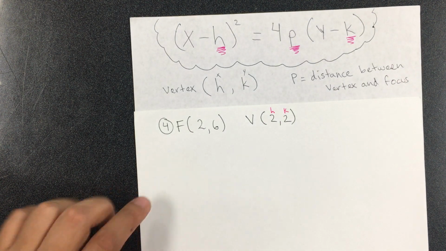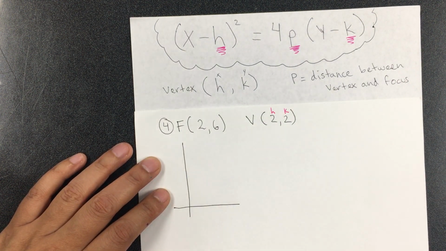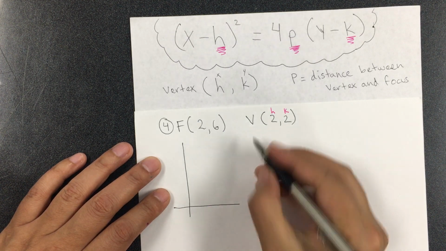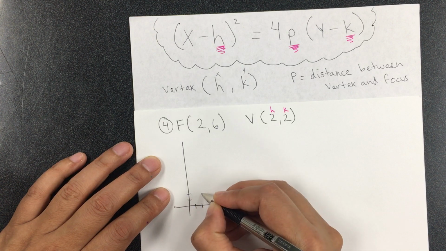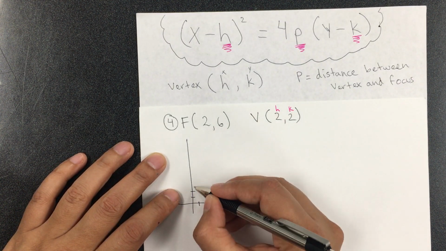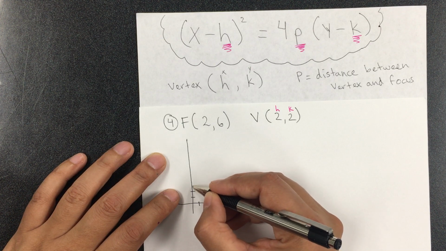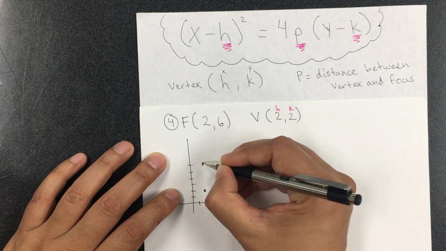We need to figure out p, the distance between the vertex and the focus. The vertex is at (2, 2), and the focus is at (2, 6), so 2, 3, 4, 5, 6, right there.